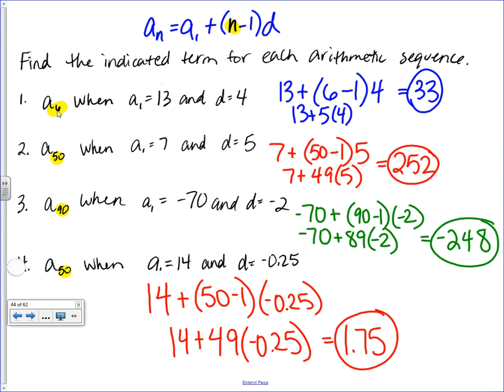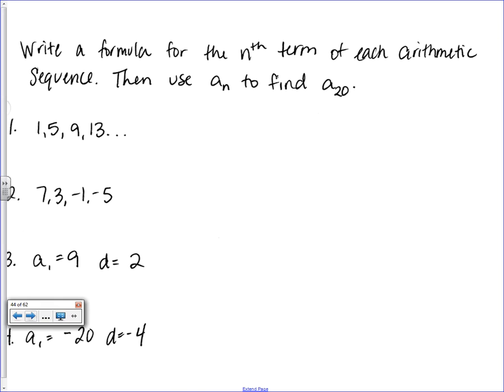Okay, last section for us then. You're going to write the formula for the nth term, and then once you find that formula, we're going to find the 20th term. So the first thing I need to look at is, what is my common difference? If you look at number 1, it looks like it's going up by 4 every time. And then I'm also going to need this guy right here, which is my a sub 1.